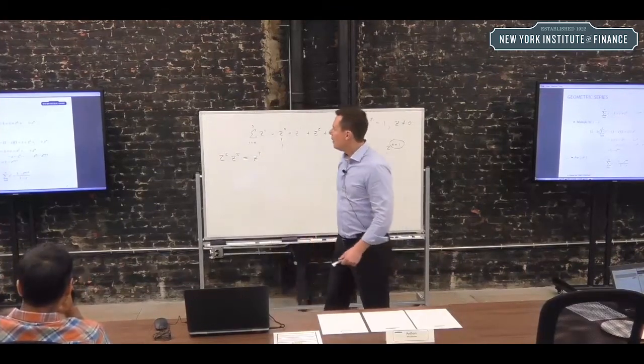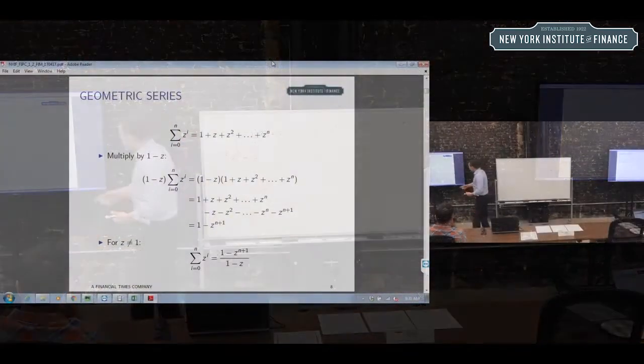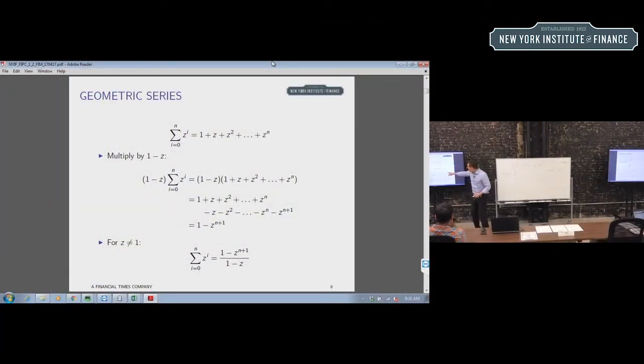Okay. So if you now look at the second line in the middle equation, I've written it in this kind of staggered way to make it obvious to you that for every positive number with a z, I'm going to have a negative number, except for the first term, which is 1, and the very last term, which is going to be minus z to the n plus 1. There's going to be no offsetting term in the first piece of the sum.